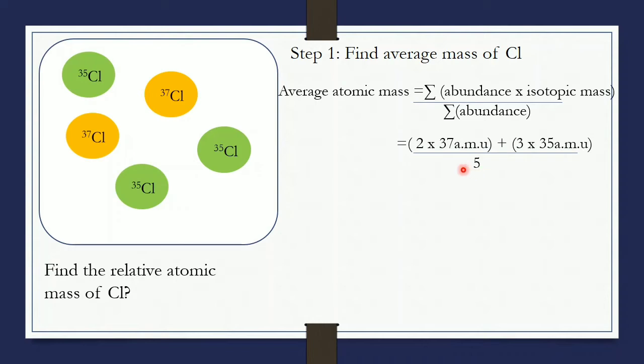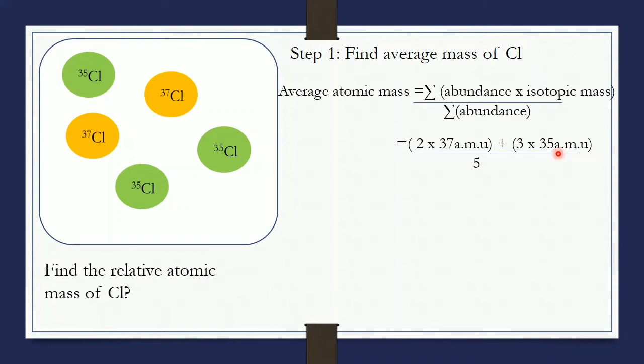The unit for the average atomic mass of atoms is always given in AMU, because AMU is a unit to represent the mass of an atom. Just like other units for mass, we have kilogram, gram, and ton.